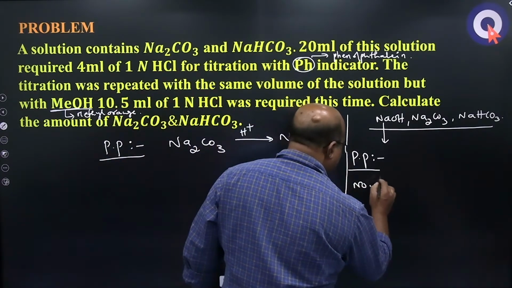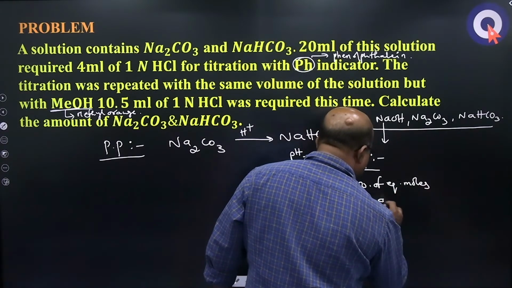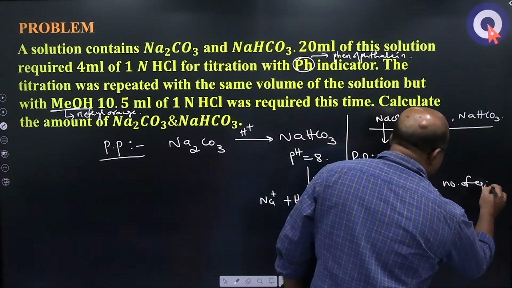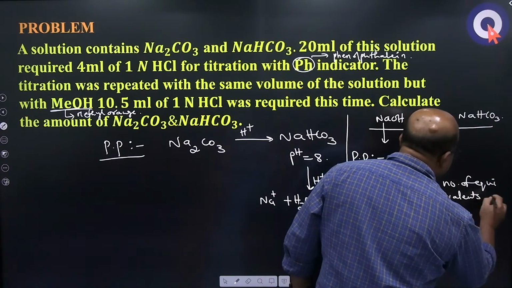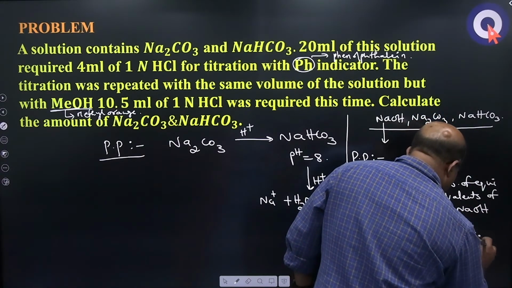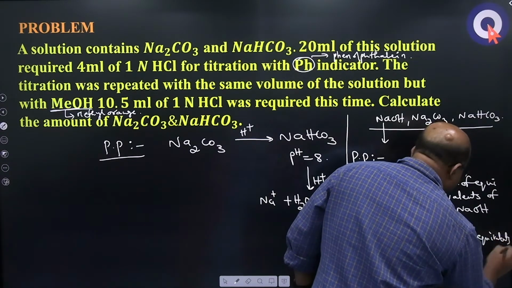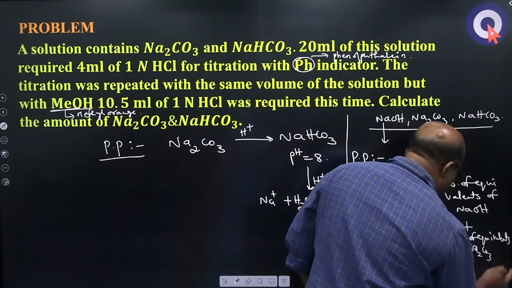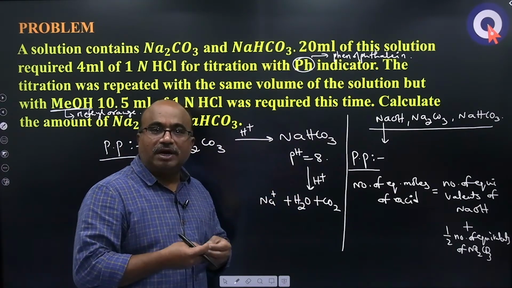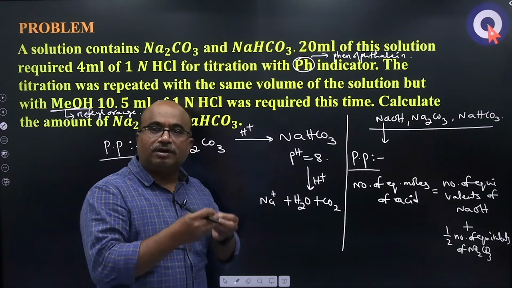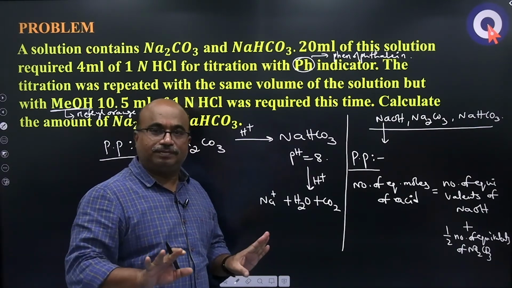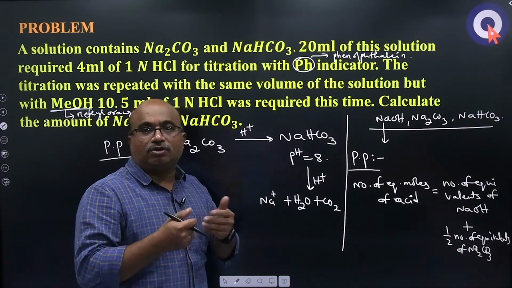So the number of equivalents of acid should always be equal to the number of equivalents of NaOH plus half of the number of equivalents of Na2CO3, because only half of the equivalents are consumed, as it is a 2-stage process. So the number of equivalents of acid equals the equivalents of NaOH plus the equivalents of Na2CO3 by 2, because only half of that is neutralized. For complete neutralization we require, let us say, 2.